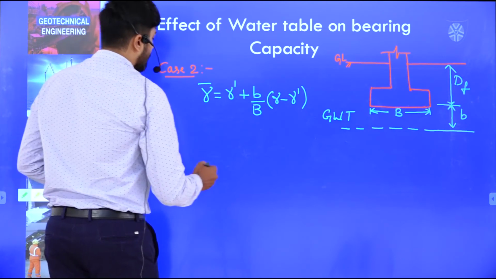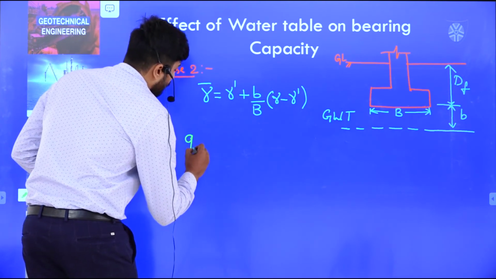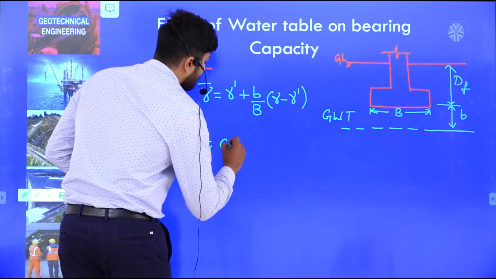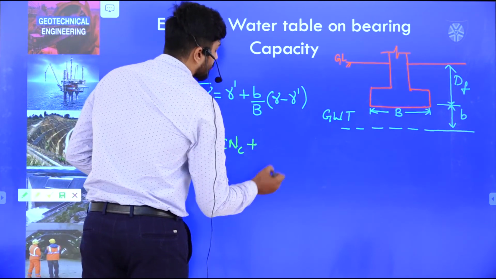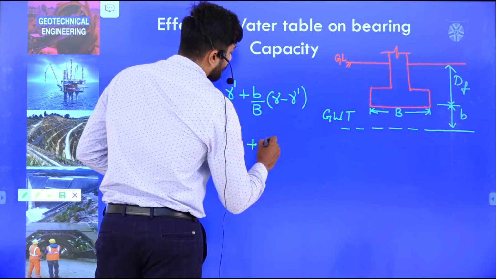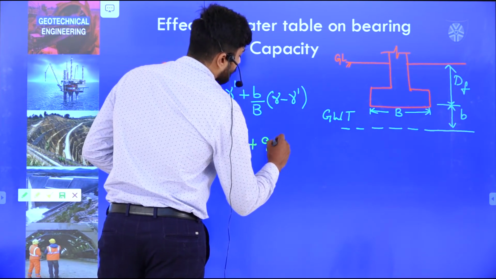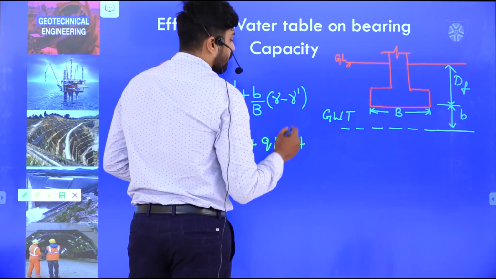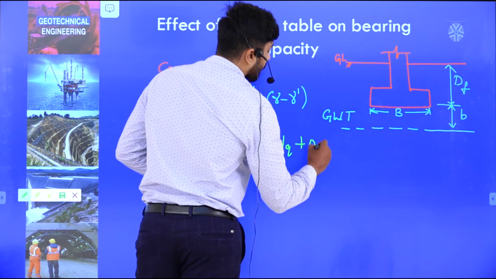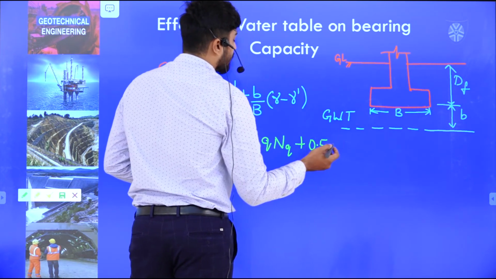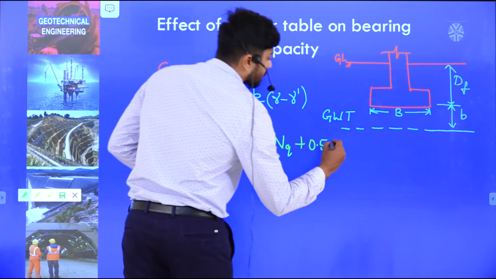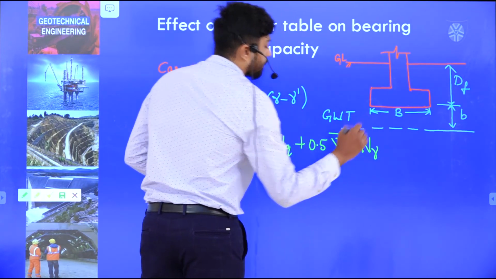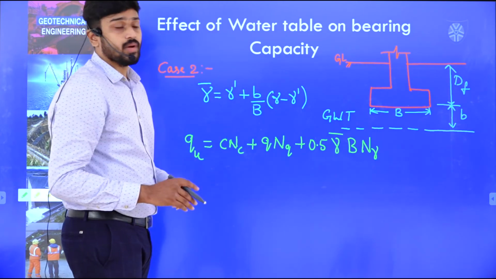We know Qu is equal to, let us write the c N c term first, c N c plus q N q, plus 0.5 gamma bar B N gamma.